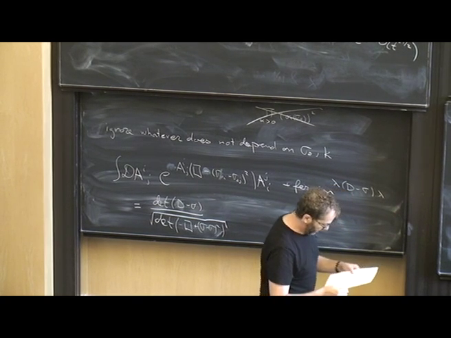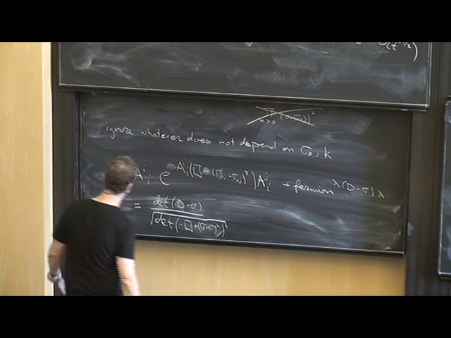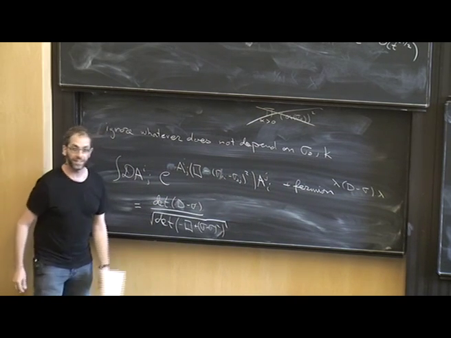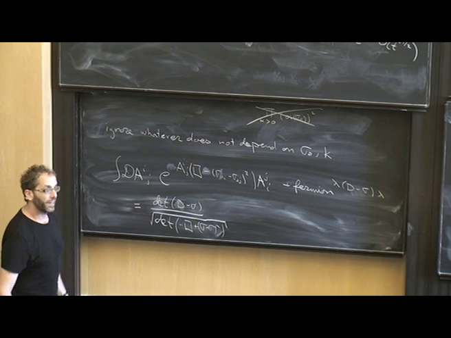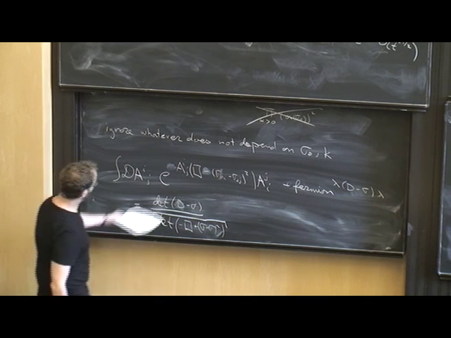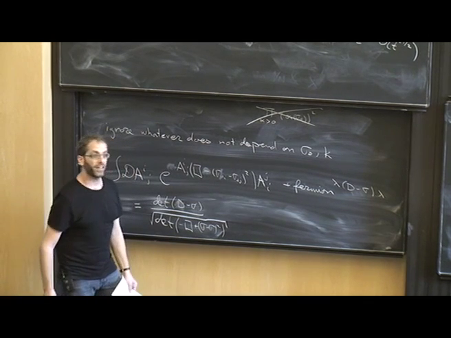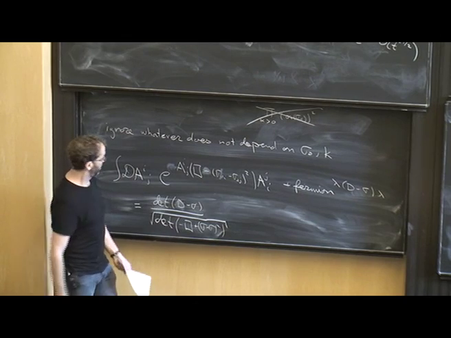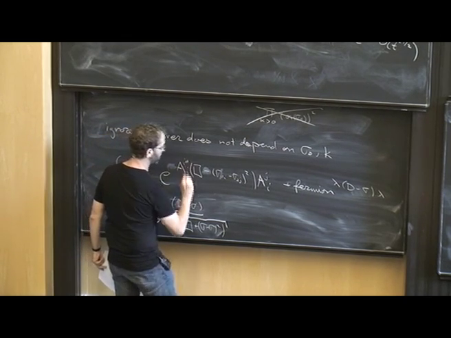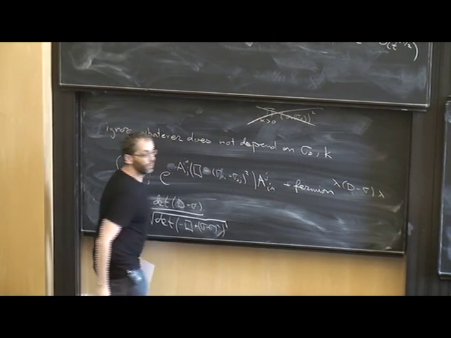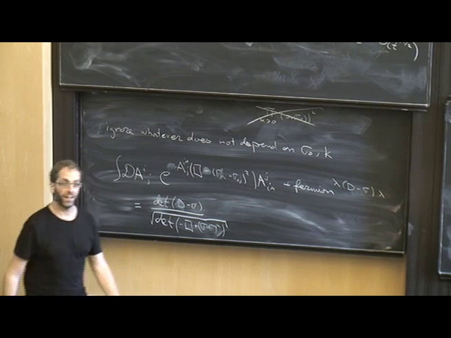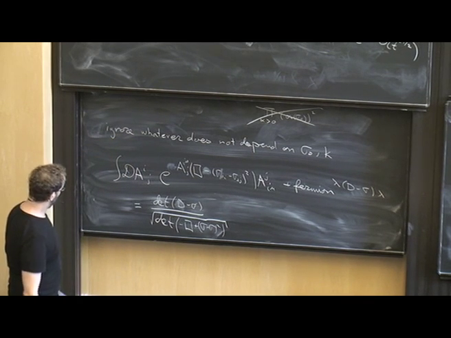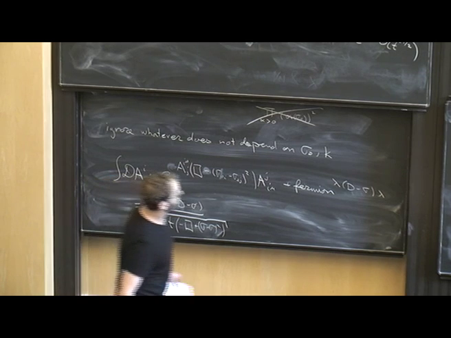So we need to calculate the determinant. Let's look at this determinant. We have a vector field, A mu. We need to do the spectral analysis of a vector on S3.